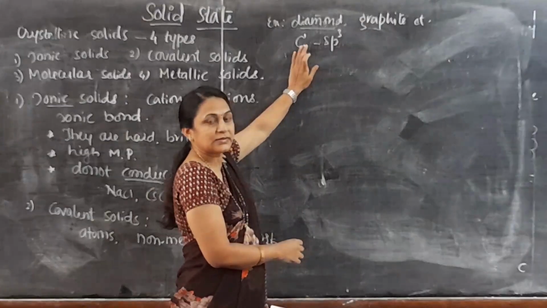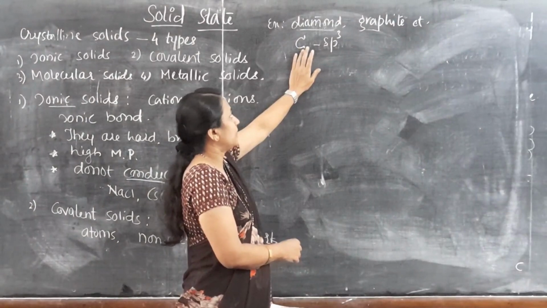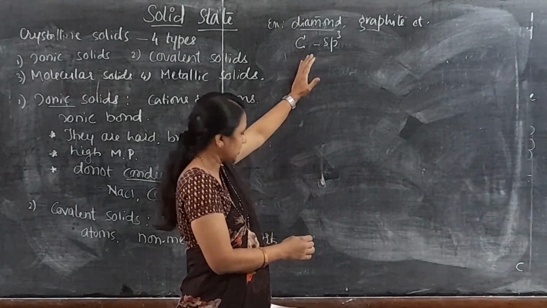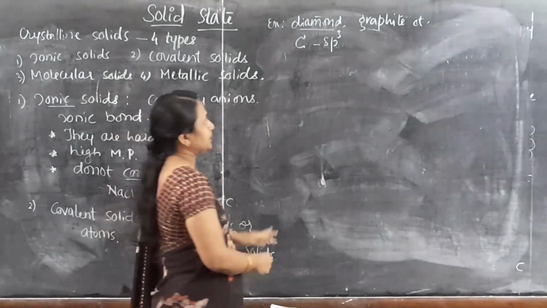Last year we studied the structure of diamond and graphite. Each carbon is tetrahedrally linked to 4 other carbons in space, forming a three-dimensional structure. So that's why these are also known as network solids.